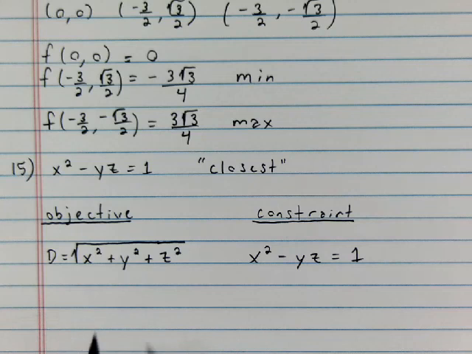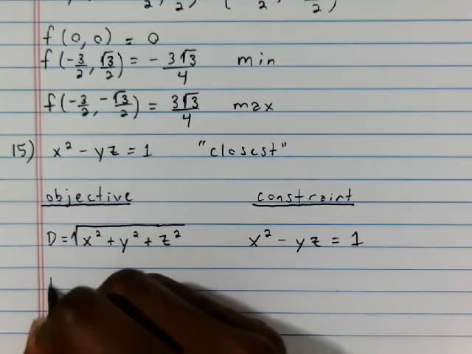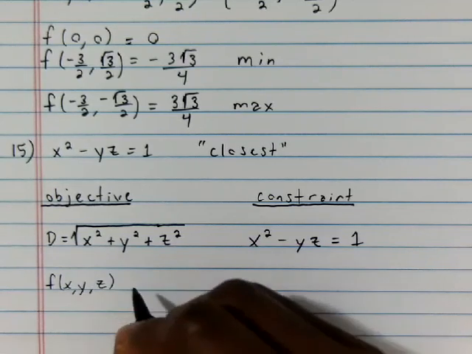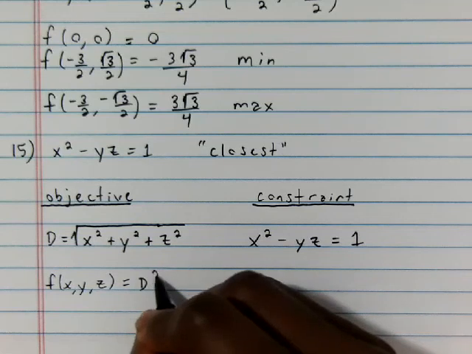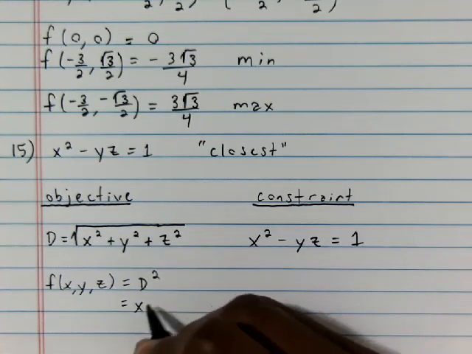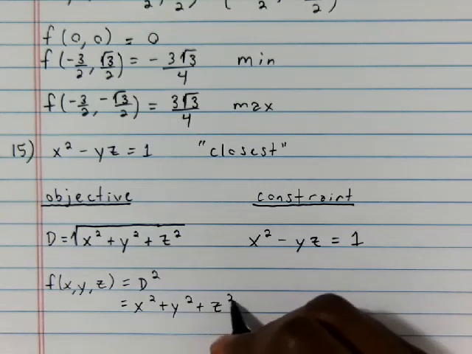So instead of using this, it's just going to make our life much easier with our derivatives without having this square root swimming around the whole time. So we're going to change our objective to f of x, y, z equals d squared, which is just equal to x squared plus y squared plus z squared.